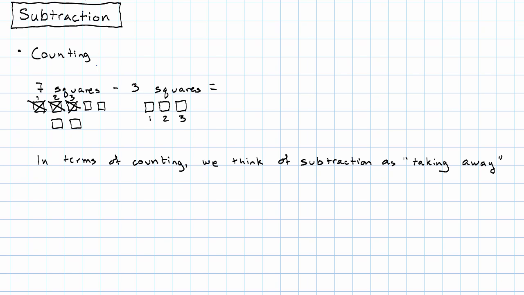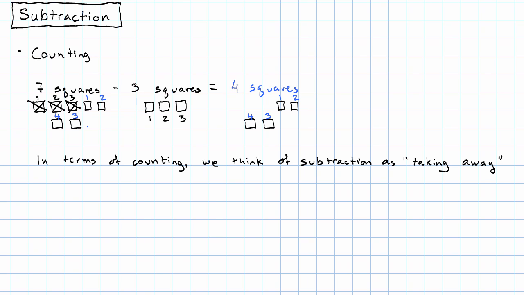What's left? 1, 2, 3, 4. What's left is 4 squares. And notice, instead of just drawing a nice picture of 4 squares, I copied these 4 squares that are left.